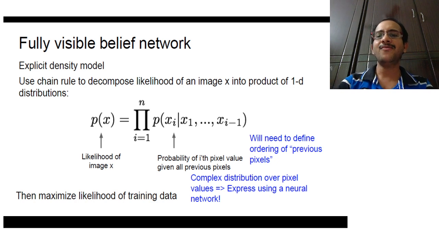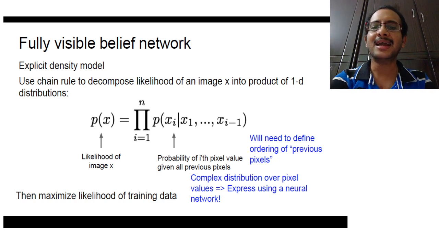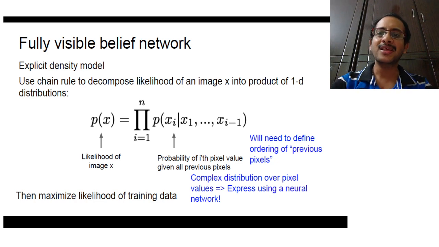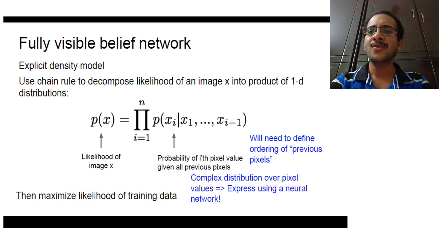One example of a method that explicitly estimates the density is this. What we are trying to capture is, given previous pixel information in an image, what the current pixel is.